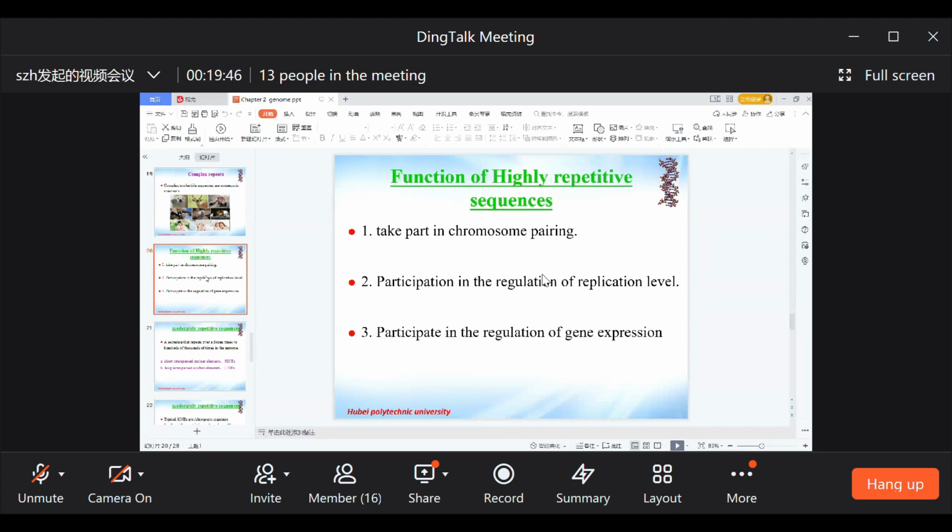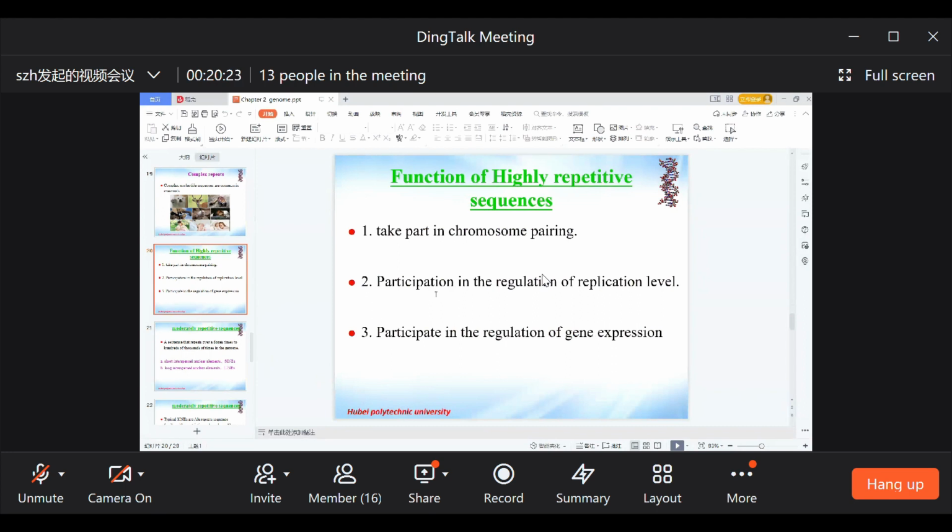For this kind of repetitive sequence, what kind of function? You can say the functions of the highly repetitive sequence: take part in forming chromosome pairs; another, participate in the regulation of replication; and another, take part in regulating gene expression.